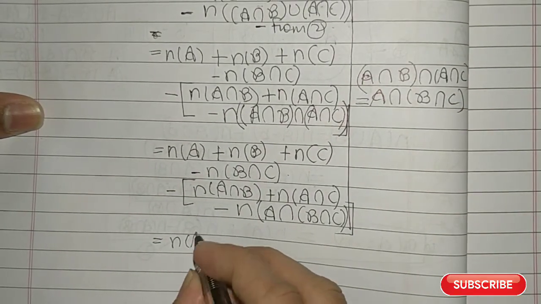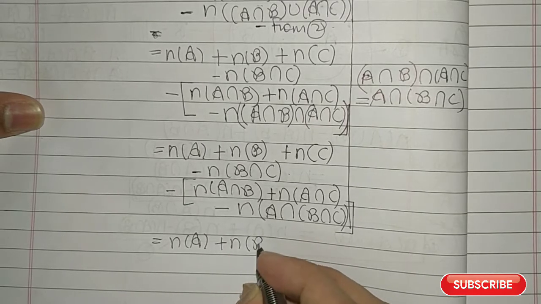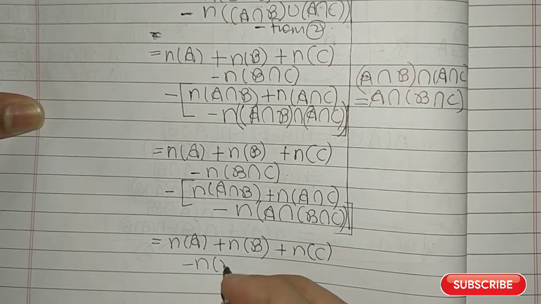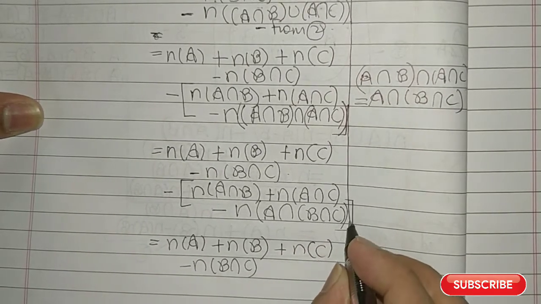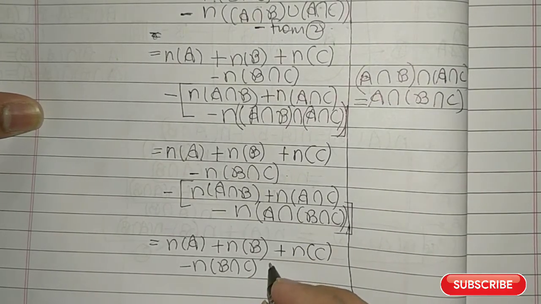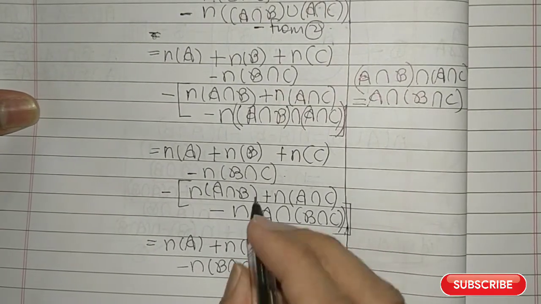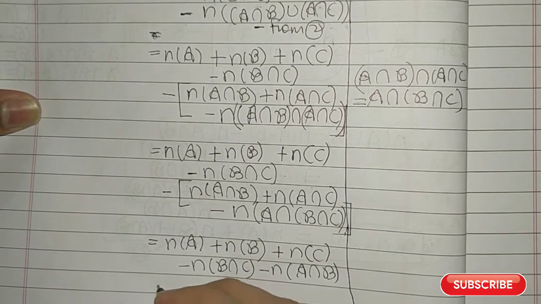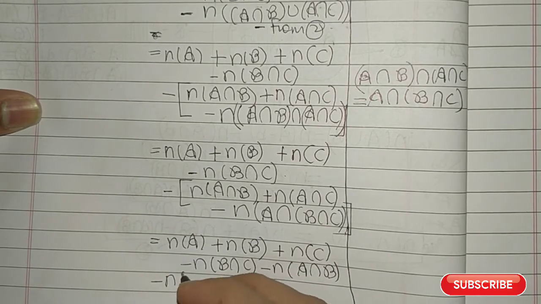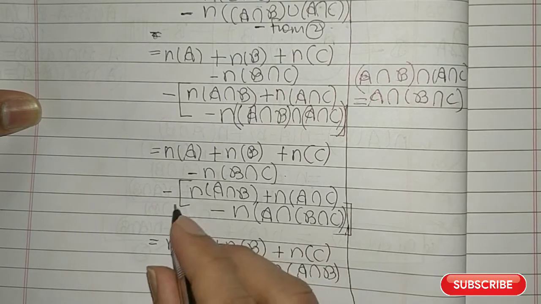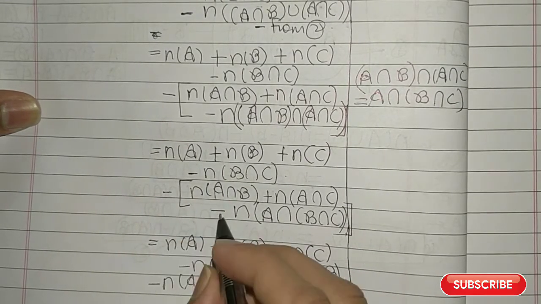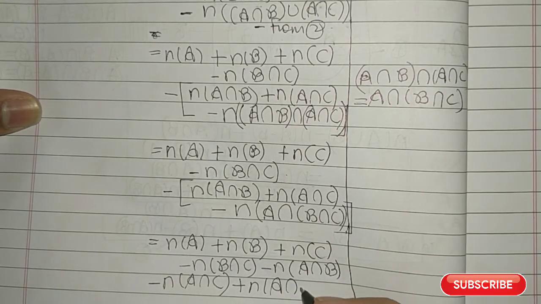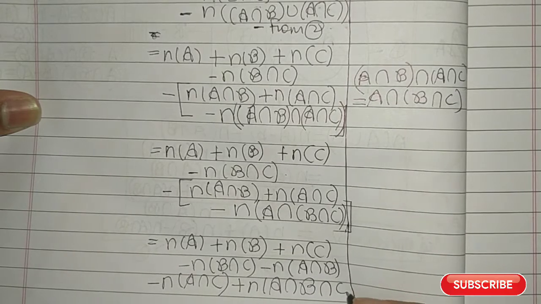So this will be n(A) plus n(B) plus n(C) minus n(B intersection C), and now you open this square bracket. If you open the square bracket, what you will get? Minus n(A intersection B), then minus n(A intersection C), minus plus minus, then minus minus plus, plus n(A intersection B intersection C).